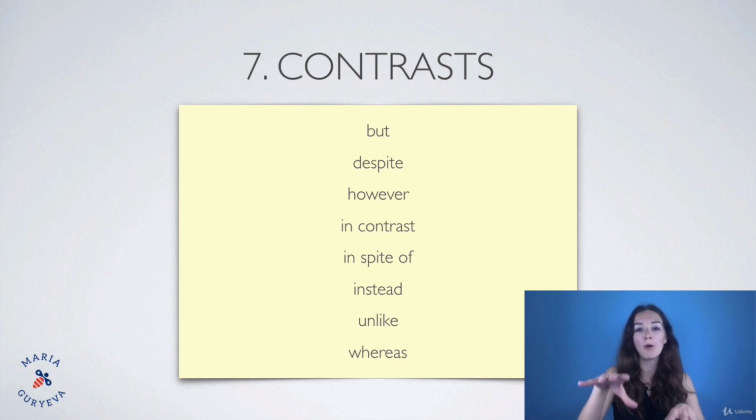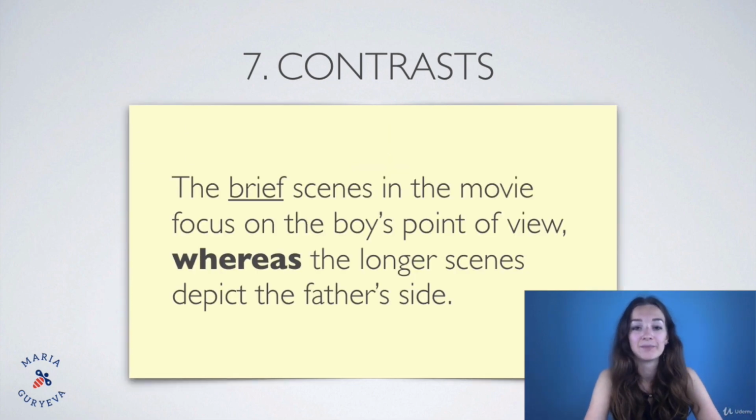So we have two opposite parts, some contrast going on, and this contradiction can help you find the definition of the word, all right? For example, "The brief scenes in the movie focus on the boy's point of view, whereas the longer scenes depict the father's side." Here we have the signal "whereas," and this is a contrast signal.